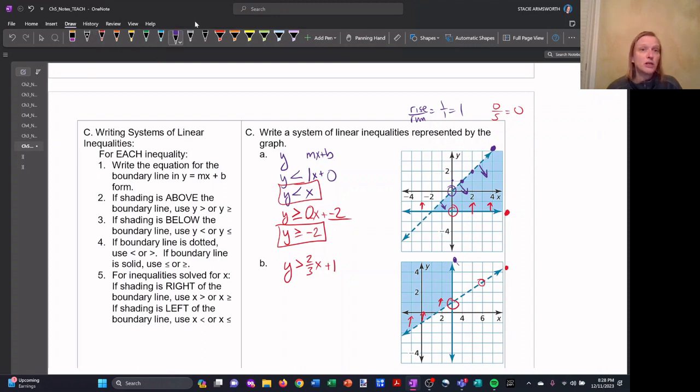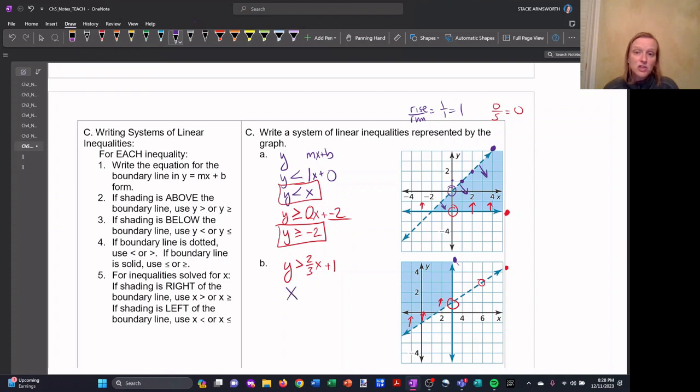If I look at my purple equation, this purple line here is a vertical line. This is not a function. We can't write it in what obviously appears to be slope intercept form, because the slope is actually undefined for a vertical line.